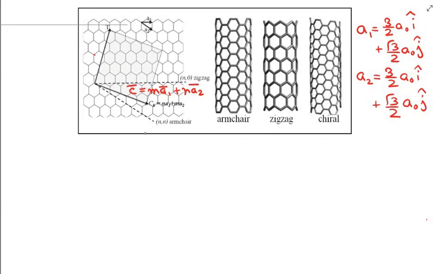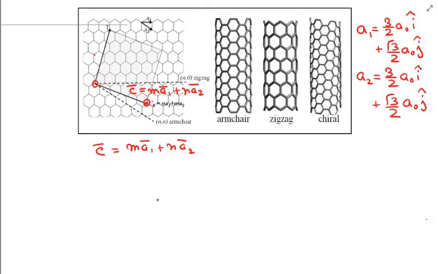Now I have to connect 2 equivalent points, and let us say that I connect this point over here and this point over here, and so these 2 are equivalent points. So this is my circumferential vector C equal to m a1 plus n a2, and when I connect these points on forming a cylinder, these 2 points become equivalent. So the wave function, when it completes an entire loop around this cylinder, the value or the phase of the wave function at this point and this point should be the same.